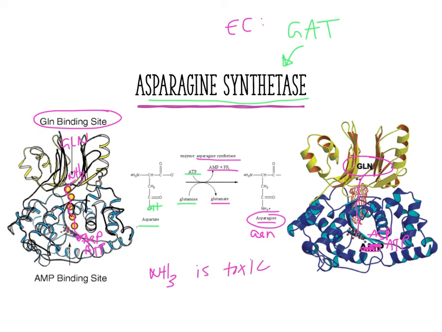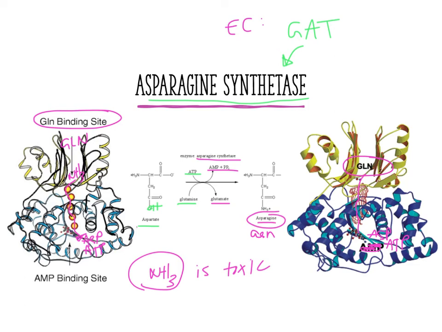You don't want NH3 getting out into the cell and wreaking havoc, essentially signaling apoptosis. So these enzymes that use or release NH3 have a way of trapping it within the enzyme so it doesn't leave. And the way they do this is through a tunnel. And I think that's so cool.